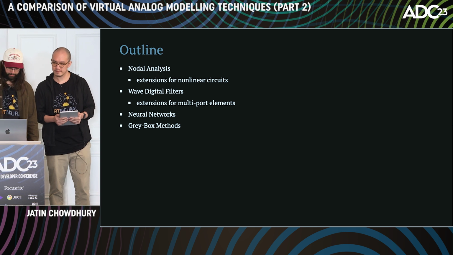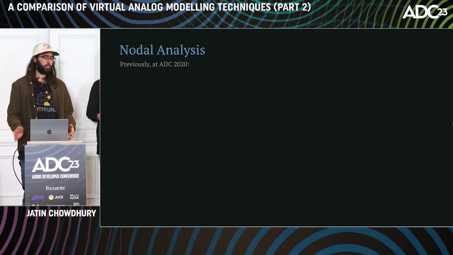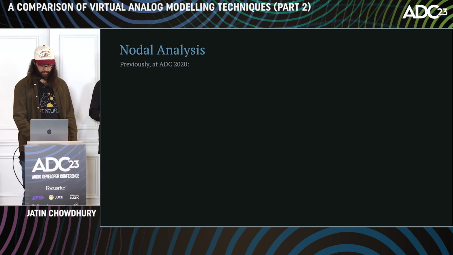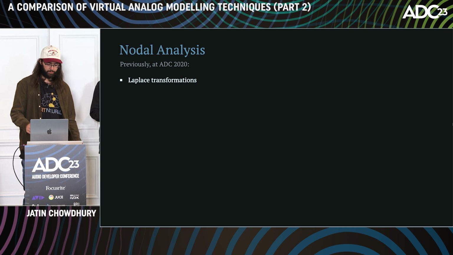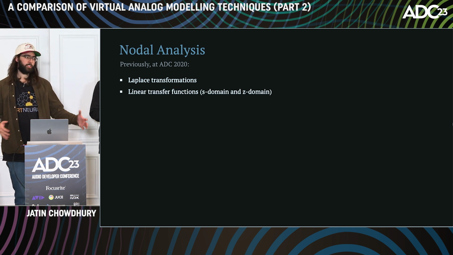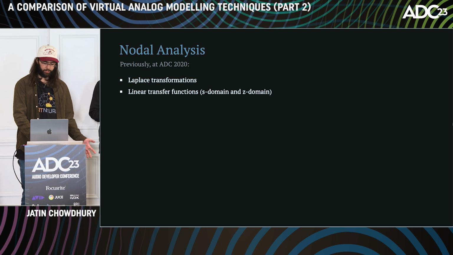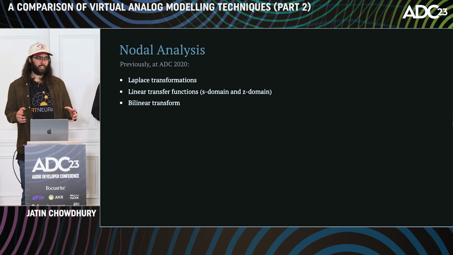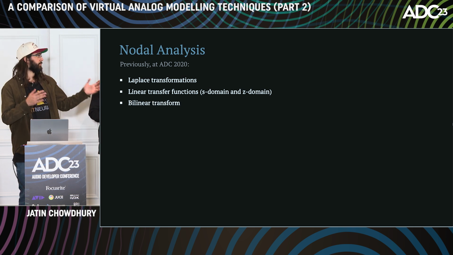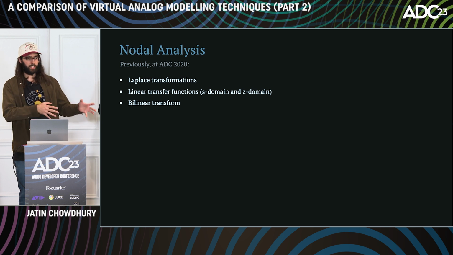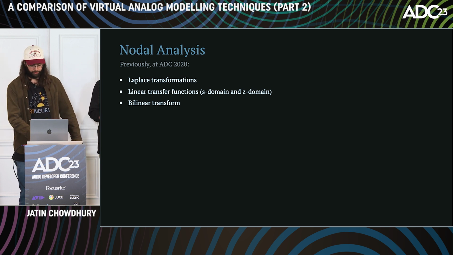When we were talking about nodal analysis last time, we talked about doing a Laplace transformation of a circuit and using that to construct a transfer function, and going between the Laplace domain and the digital domain using the bilinear transform to go between the analog domain and the digital domain.